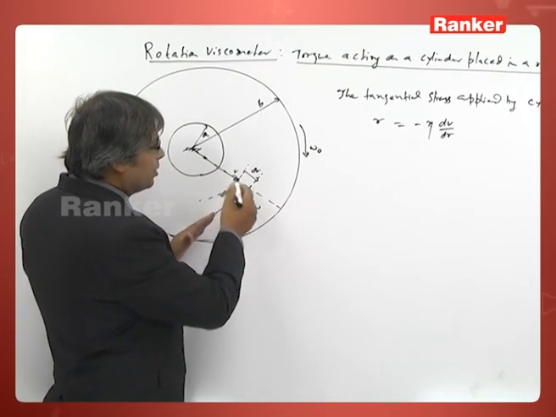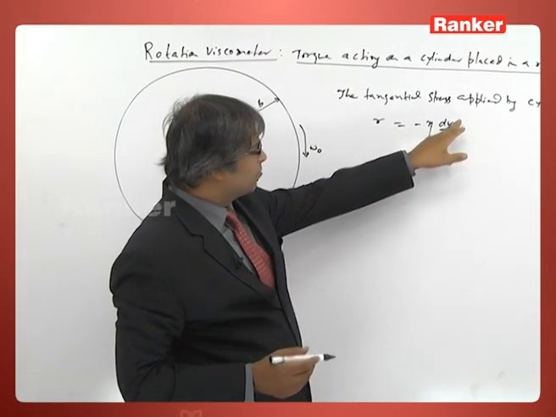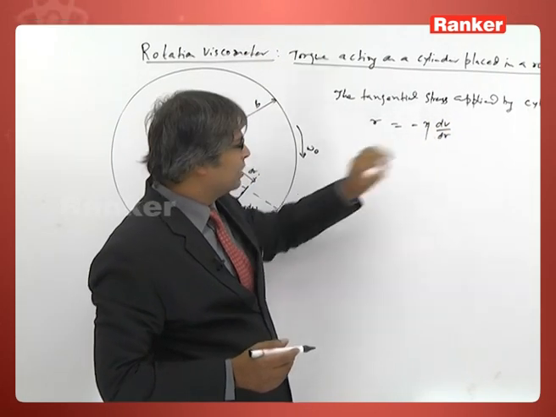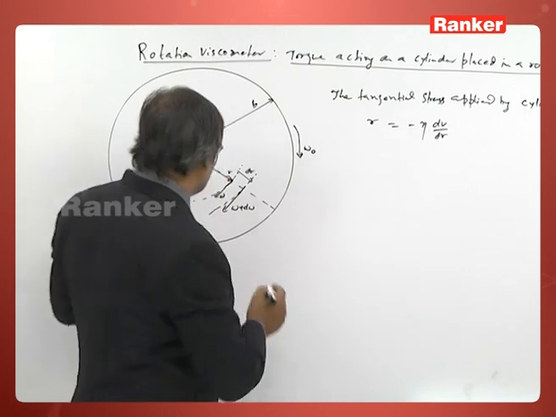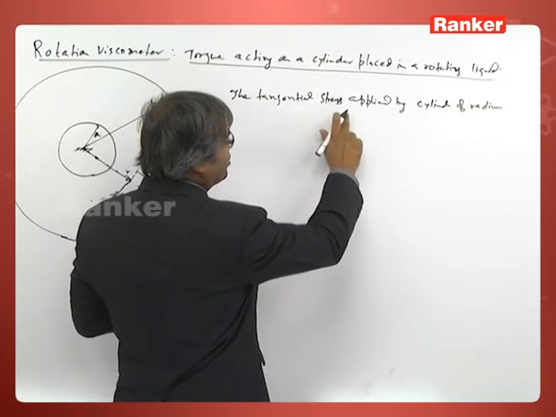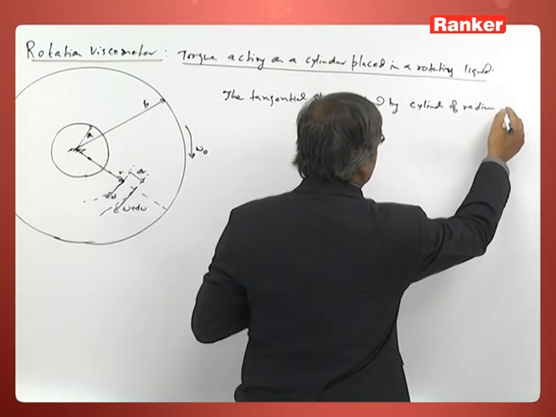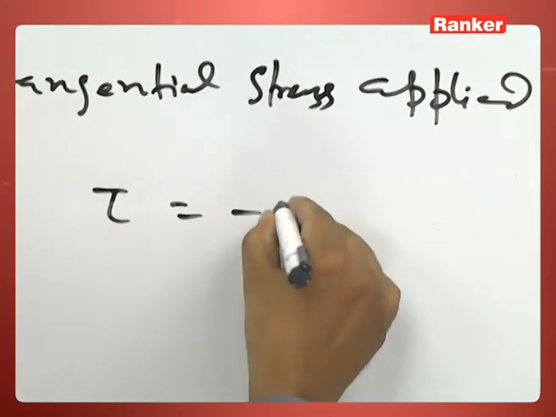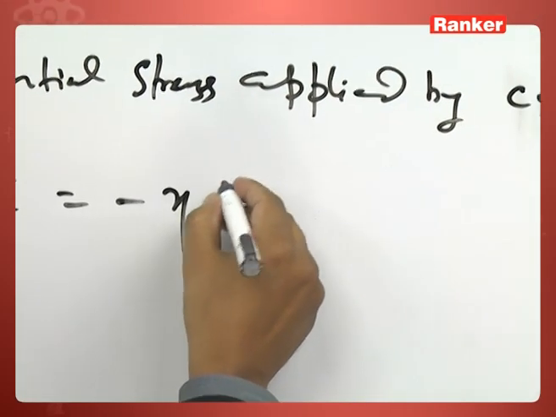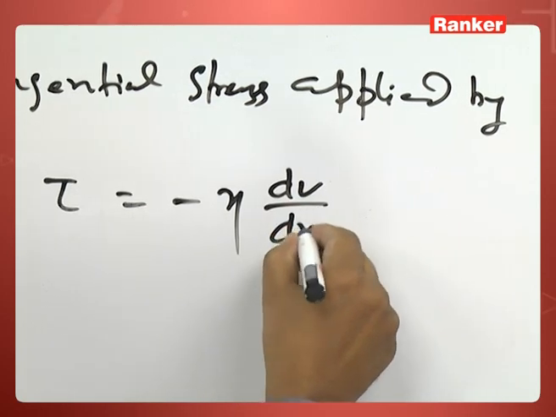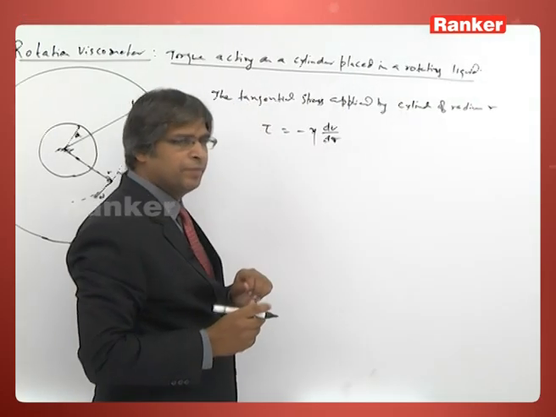So, I must relate this velocity gradient with omega. So, now you see here the tangential stress applied by cylinder of radius r, that is tau, will be minus eta dv by dr. So, let us see what is dv by dr.